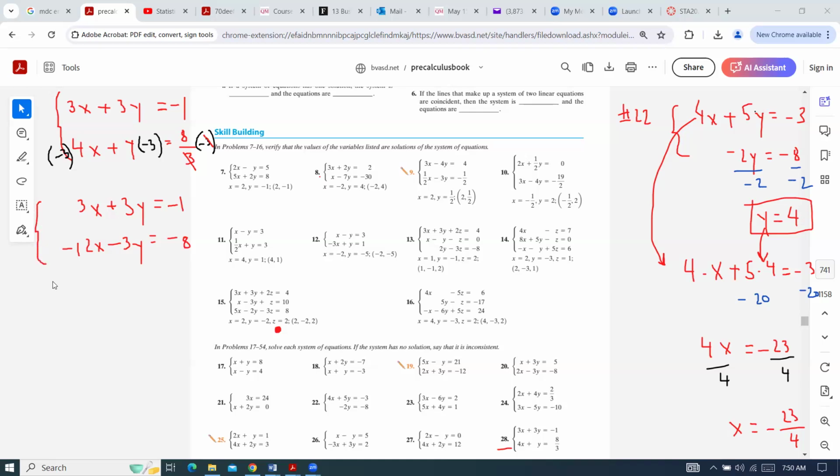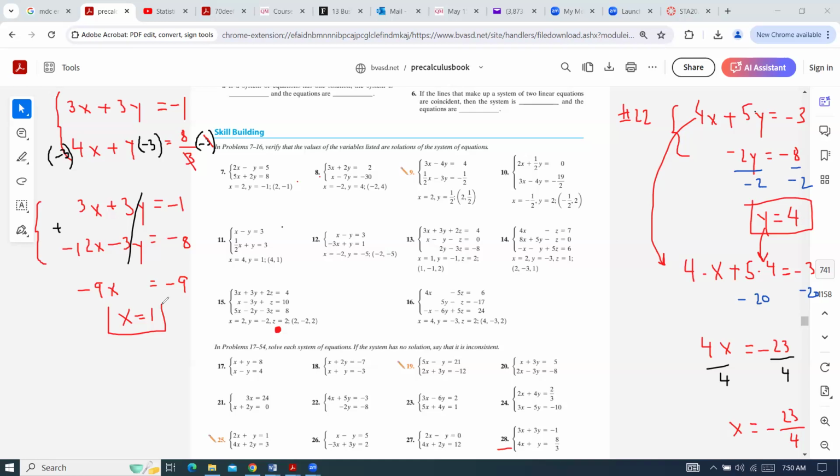And again, when I add these two equations with each other, the y's will cancel, and that's just what we needed, right? So we have -12 and 3, which is -9 times x is equal to -9. Oh, that's great, because x is 1, right? x is equal to 1. I like that. It's a nice solution.